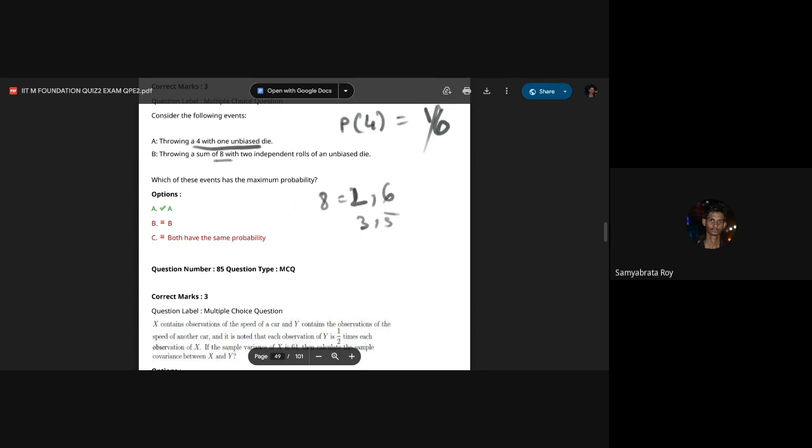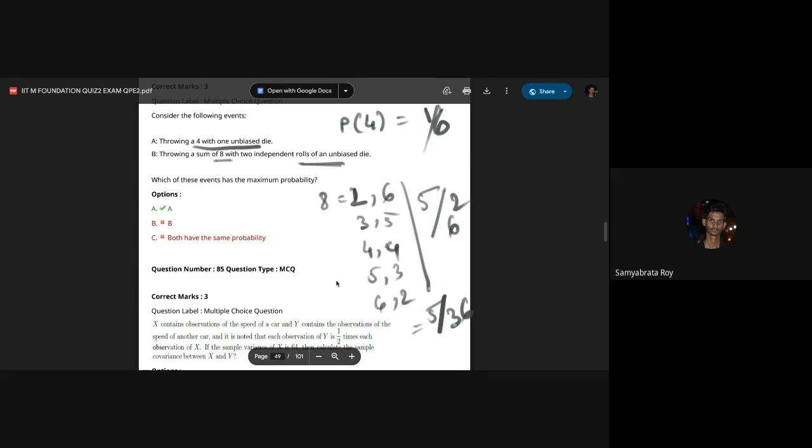Again, 4, 4, 5, 3, 6, 2. Right? These are the scenarios. 5 scenarios. Out of how many? 6 to the power 2, because 2 times I am rolling it, right? So nothing but 5 by 36.